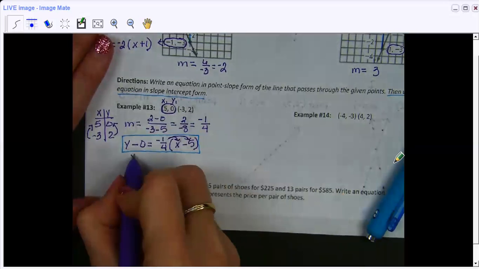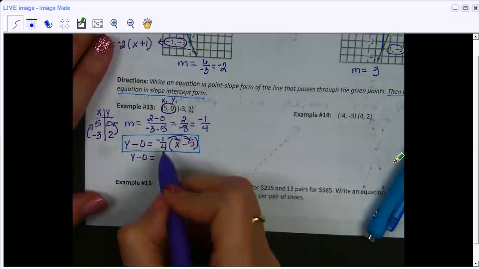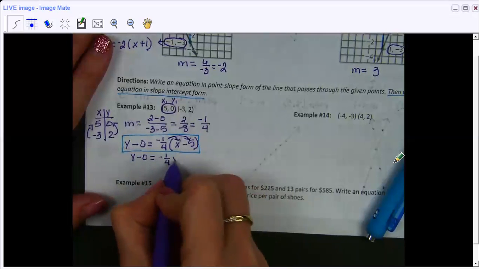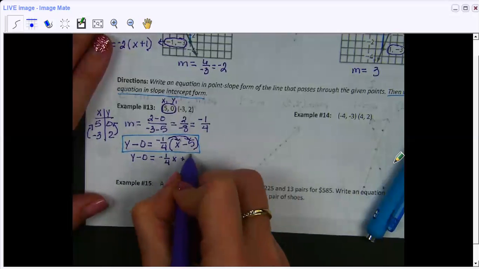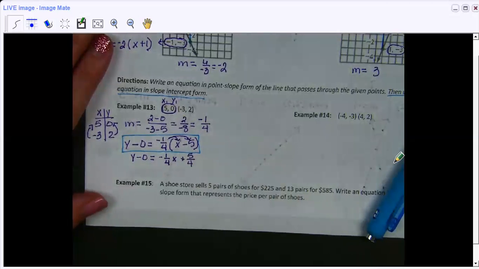So y minus 0, and then negative 1/4 times x is negative 1/4 x, and negative 1/4 times the negative 5 is a positive 5/4. Do we do it for both of the points? Just 1 point.